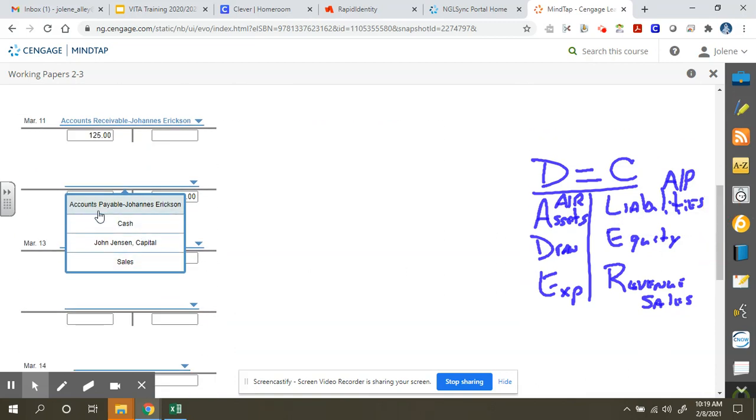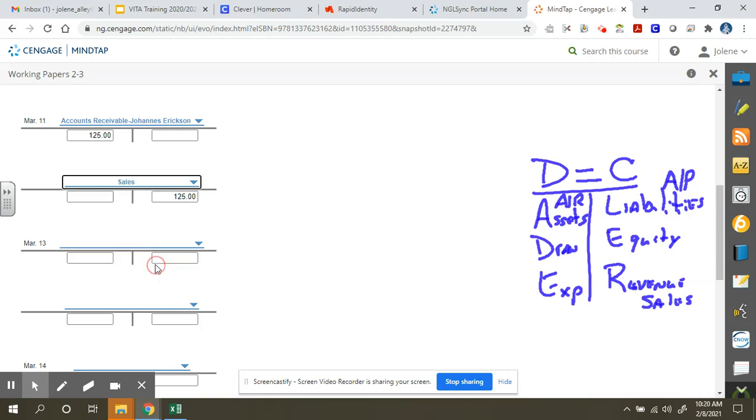It says accounts payable, Johan Eriksson. Well, we don't have to pay him anything, so that can't be it. It says cash. Cash was not used in this transaction. Go back and look at it. It doesn't say anything about cash. John Jensen, capital. No, it doesn't say anything about John Jensen, capital, but it does say sales.